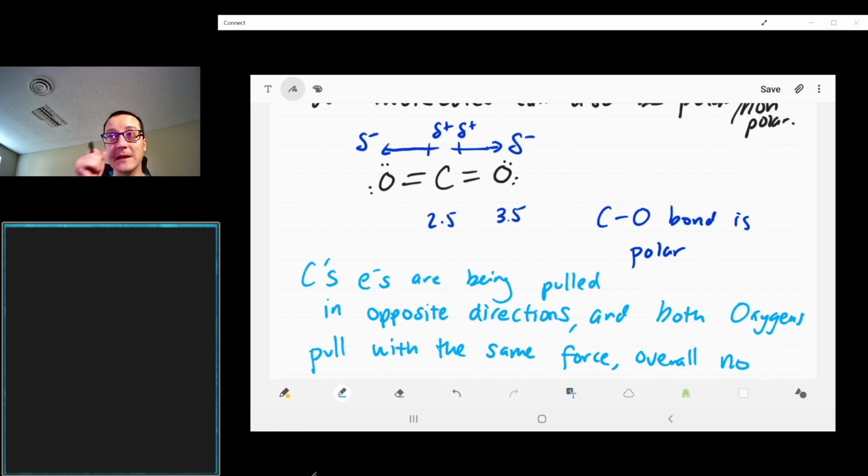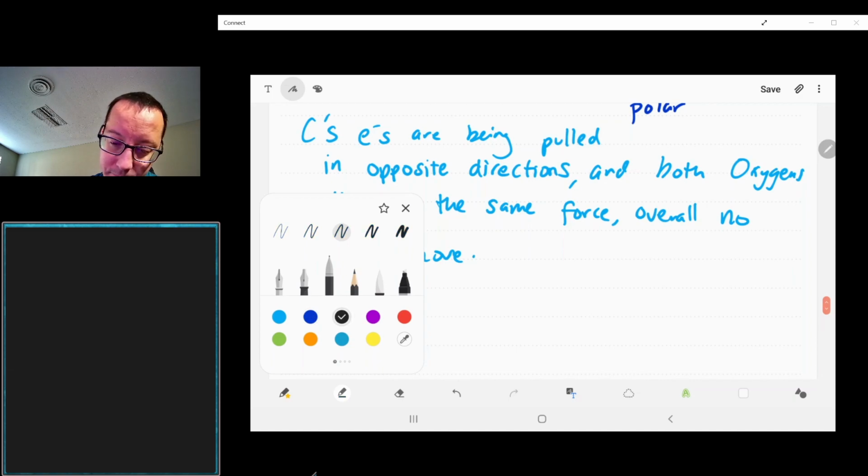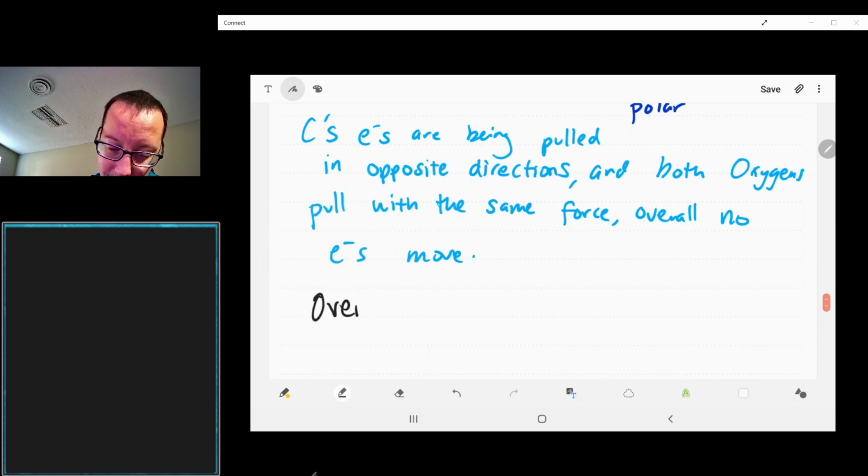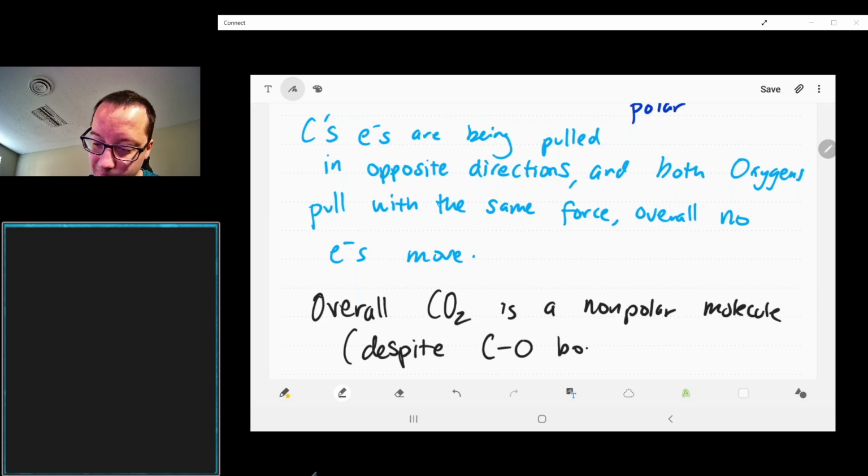And so overall, even though an individual carbon-oxygen bond is polar, CO2 is a non-polar molecule, despite the fact that a CO bond is polar.